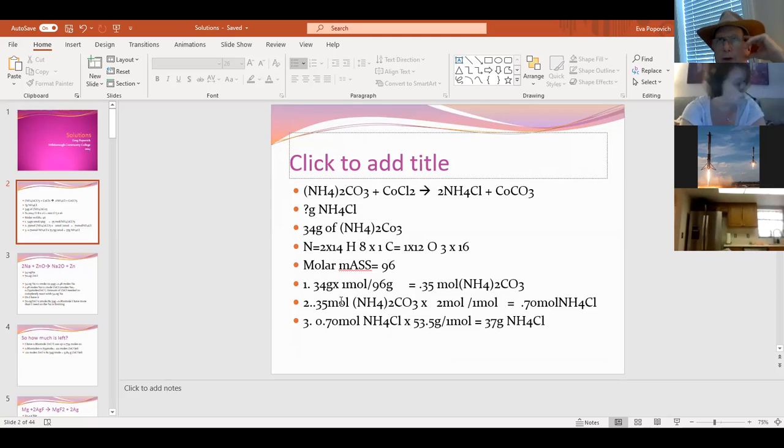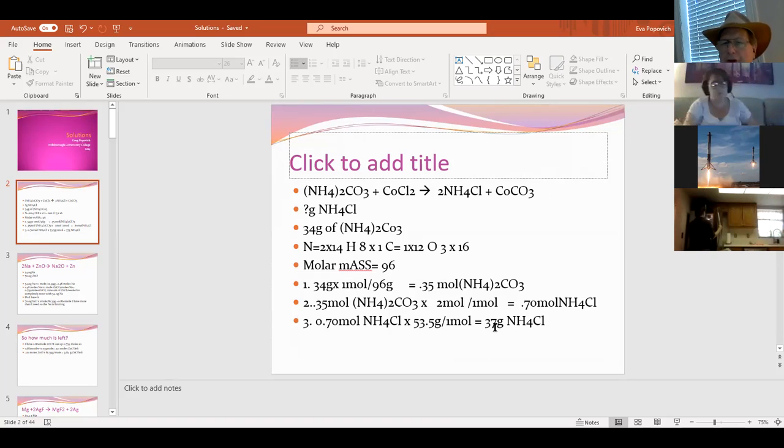So I took my 0.35 moles of ammonium carbonate and multiplied by 2 over 1 to get 0.70 moles of ammonium chloride. Last step, turn the moles of the unknown into grams by multiplying by the molecular weight over 1 mole. I do that math out and I get 37 grams.